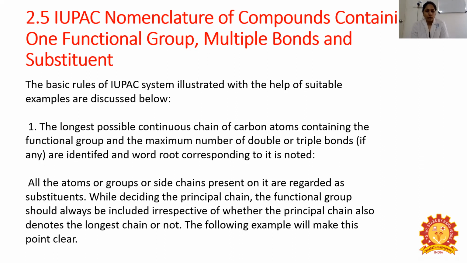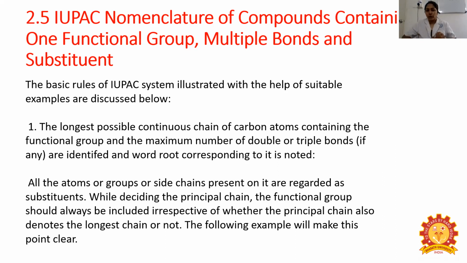All the atoms or groups or side chains present on it are regarded as the substituents. While deciding the principal chain, the functional group should always be included irrespective of whether the principal chain also denotes the longest chain or not. The following example will make this point clear.